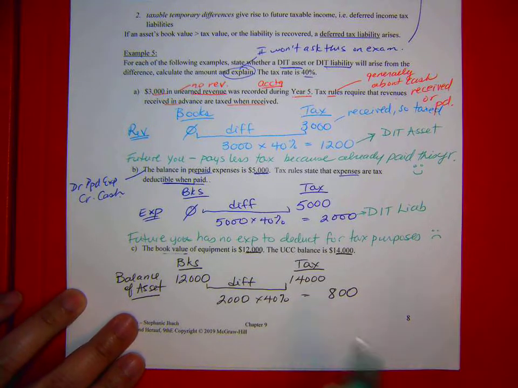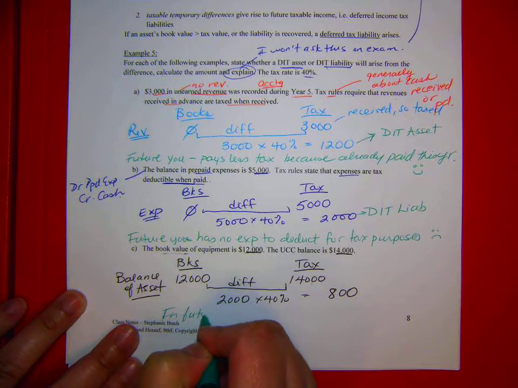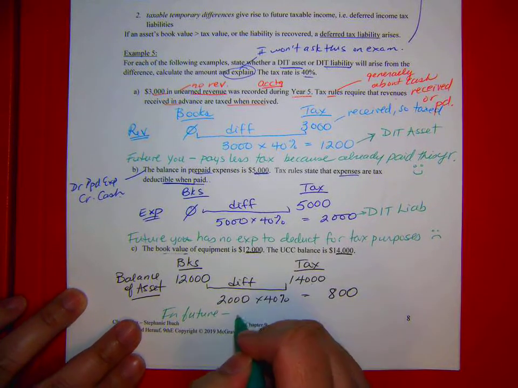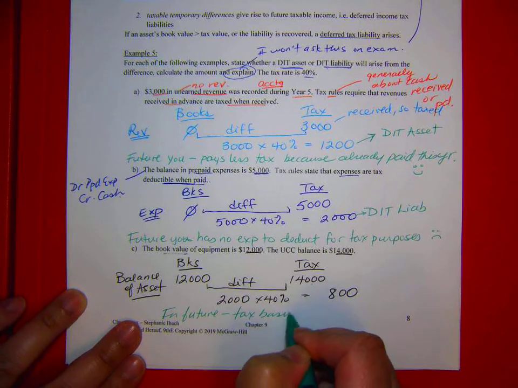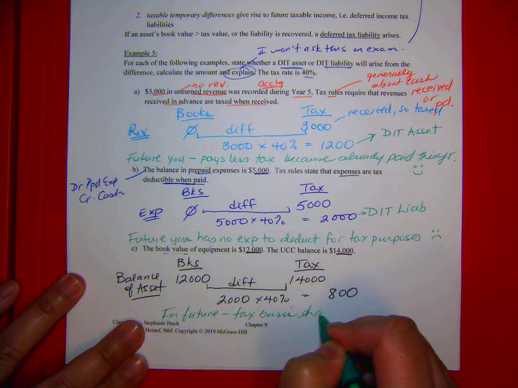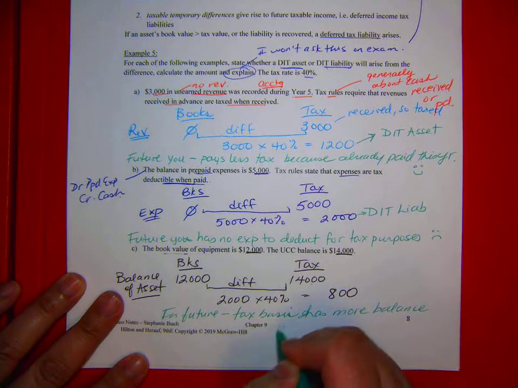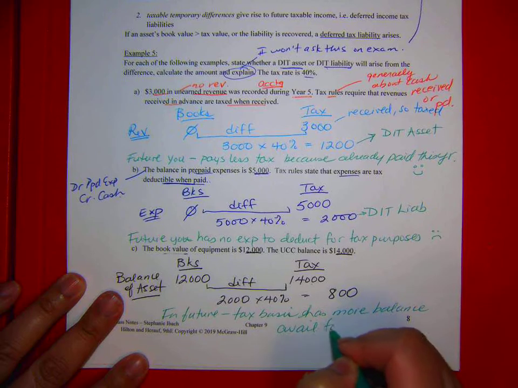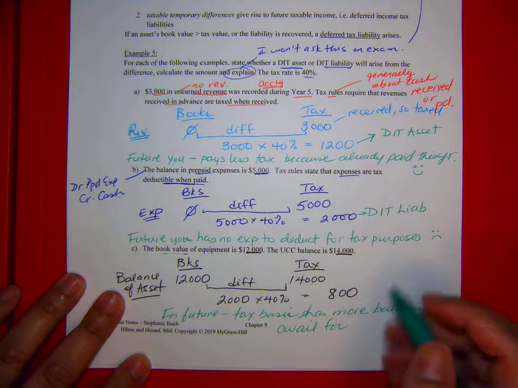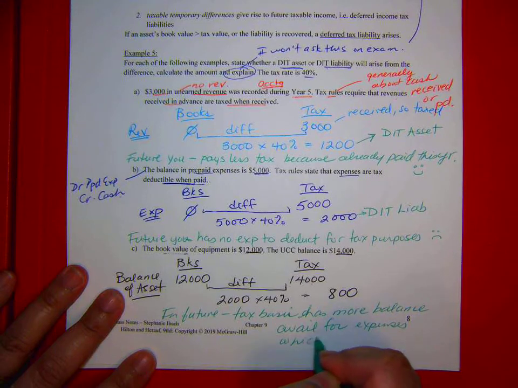So in the future, the tax basis has more balance available for expenses which decrease taxable income.